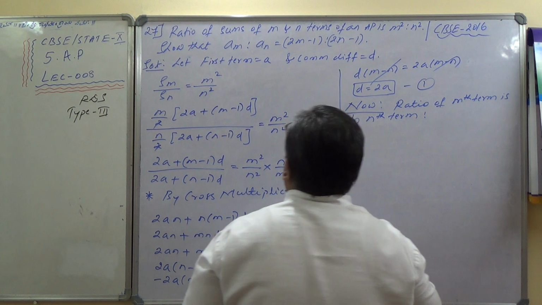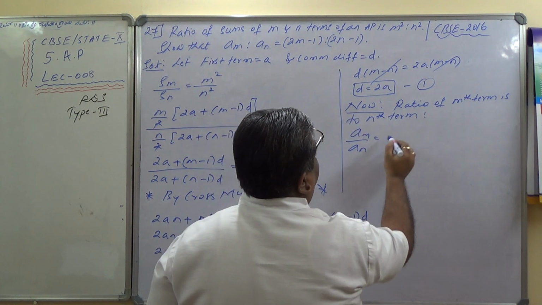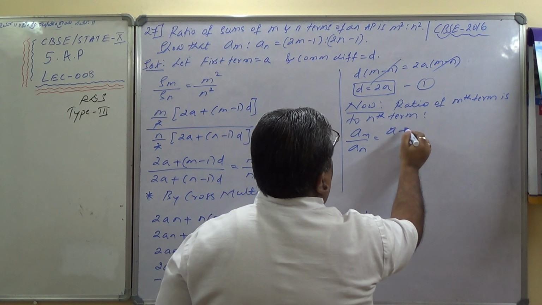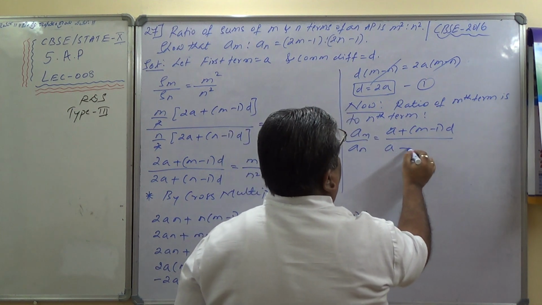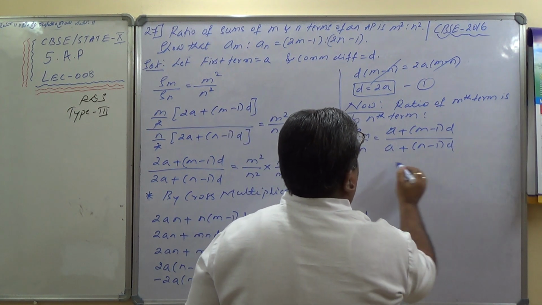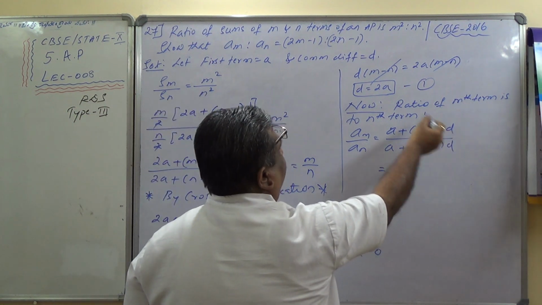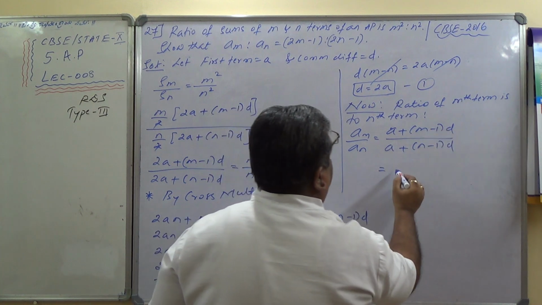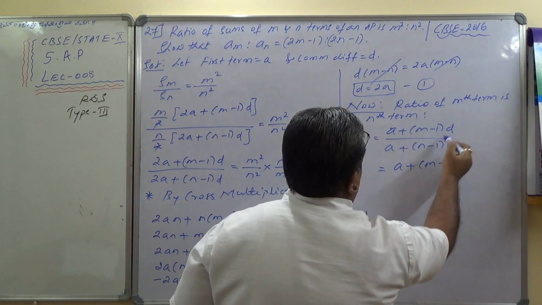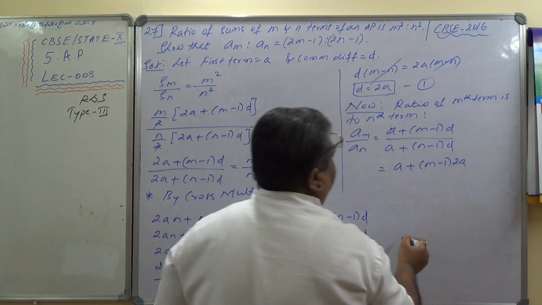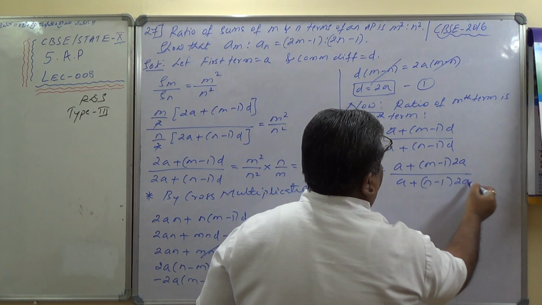The nth term is given by am by an equals a plus m minus 1 into d, divided by a plus n minus 1 into d. I'll substitute d equals 2a here: a plus m minus 1 times 2a, divided by a plus n minus 1 times 2a.